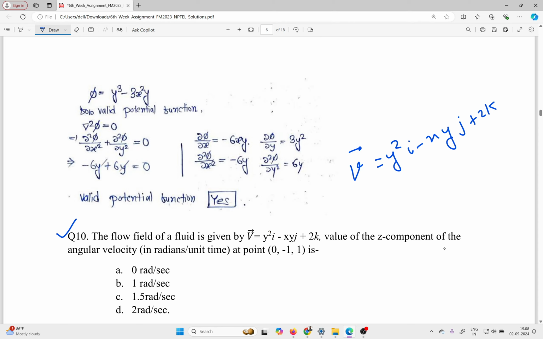The value of the z component of angular velocity at point (0, -1, 1) is. So you need to calculate the angular velocity component in the z direction. Here you can calculate all three directions, but in this question particularly you need to calculate the z direction angular velocity.